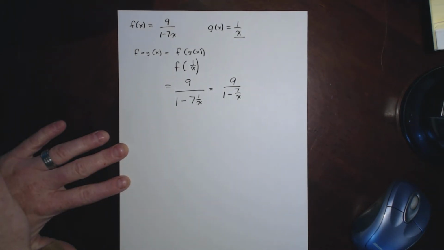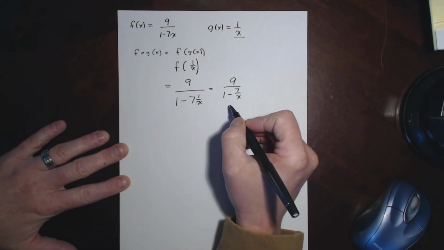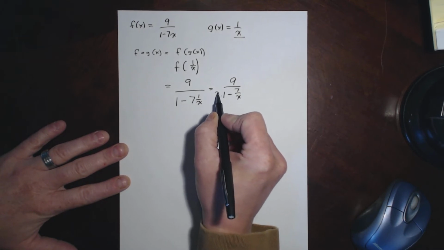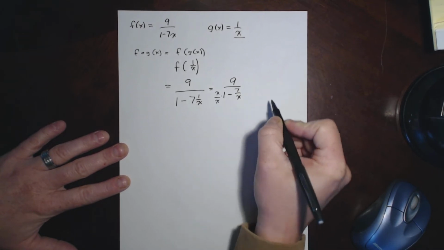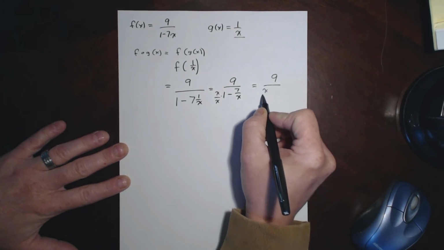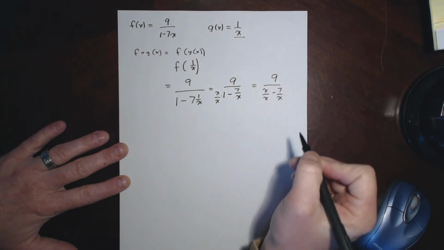Now what I want to do is to try to simplify this. And this is a little bit tricky. So what we want to do is we want to find the common denominator in our big denominator here. So I'm going to take this 1 and multiply it by x over x. And that's going to give me 9 over x minus 7 over x.